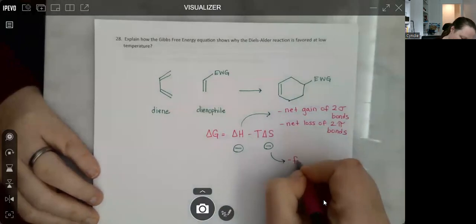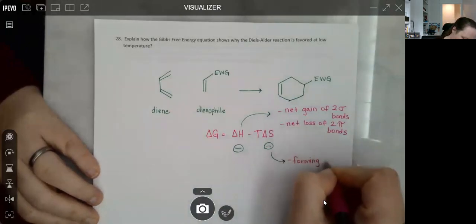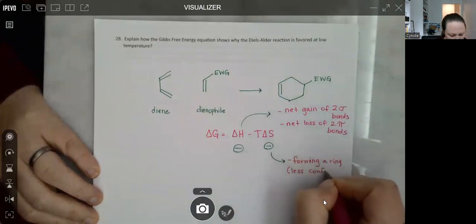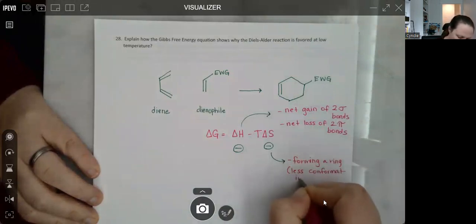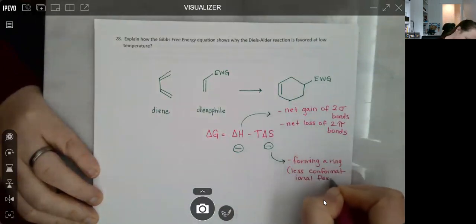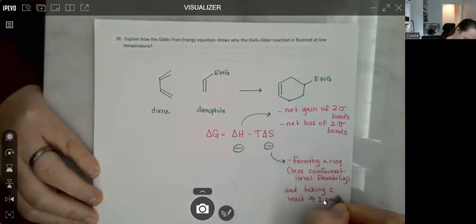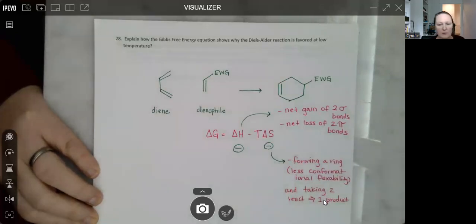So we're forming a ring which has less conformational flexibility and taking 2 reactants to form one product, right? Which both of those are not favored in terms of entropy, and not favored means negative, right? Because favored would be positive.